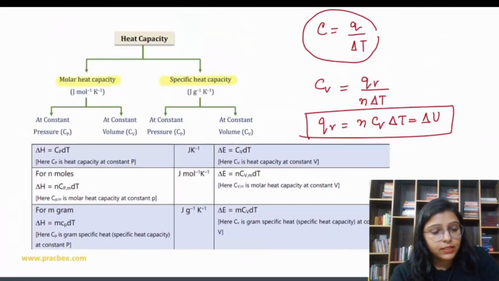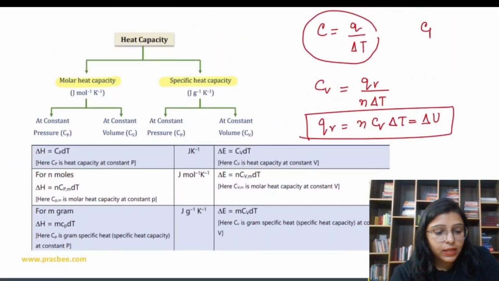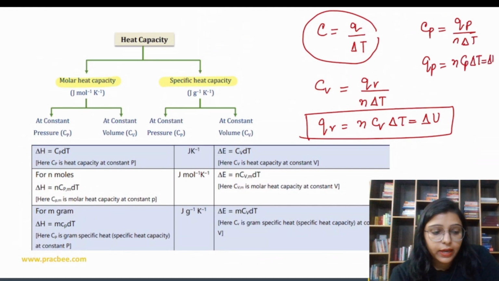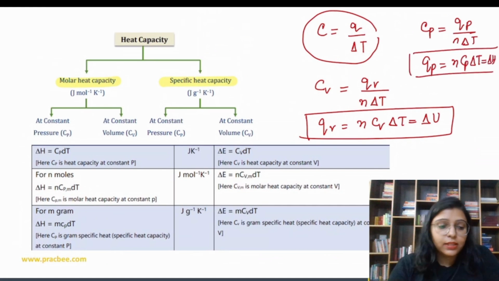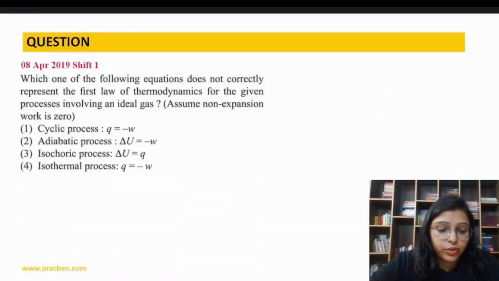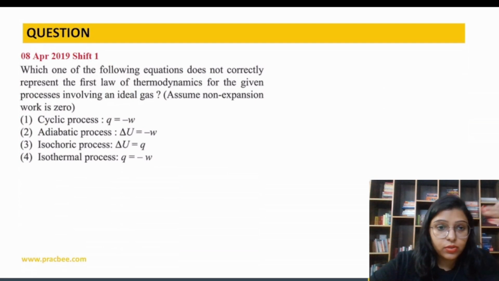Next formula is Cp is equal to Qp upon n delta T, which we can write as Qp is equal to n Cp delta T, and which is equal to delta H. So we are going to use these formulas in order to solve the questions. So let's do the questions based on these concepts.